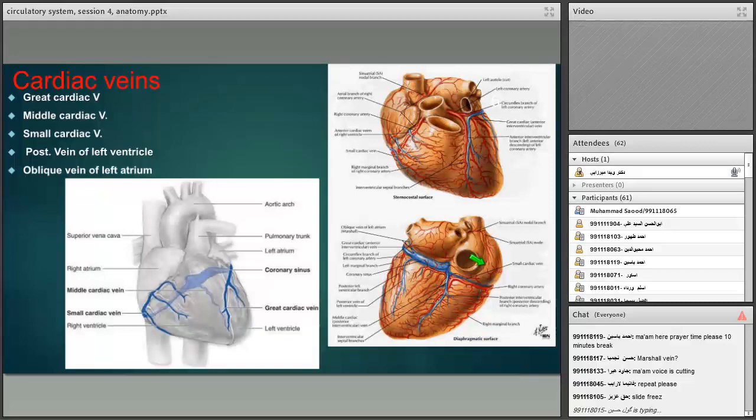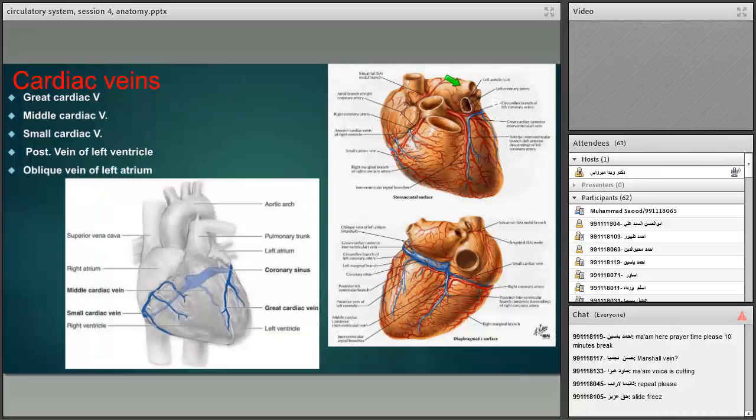Okay. Pay attention, please. The heart also has some small veins in each part which are draining the blood into each chamber of the heart. For example, on the left atrium, left ventricle, right ventricle, and right atrium.